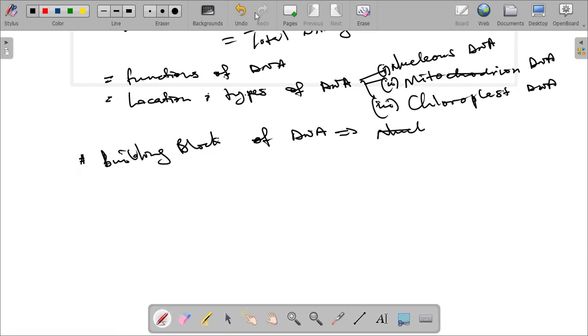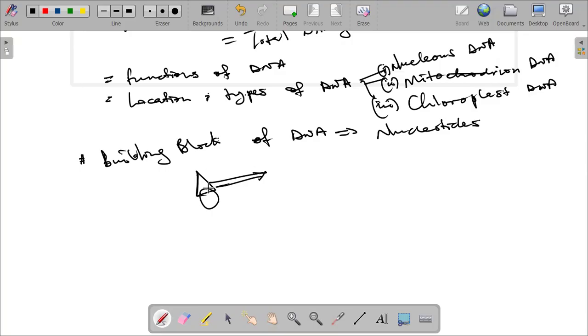The nucleotide is the building block of DNA. Wherever you are given that, you know very well that the DNA structure is something that we can always know.